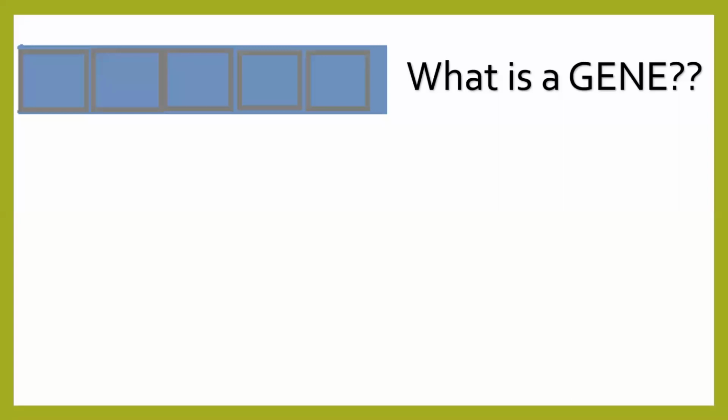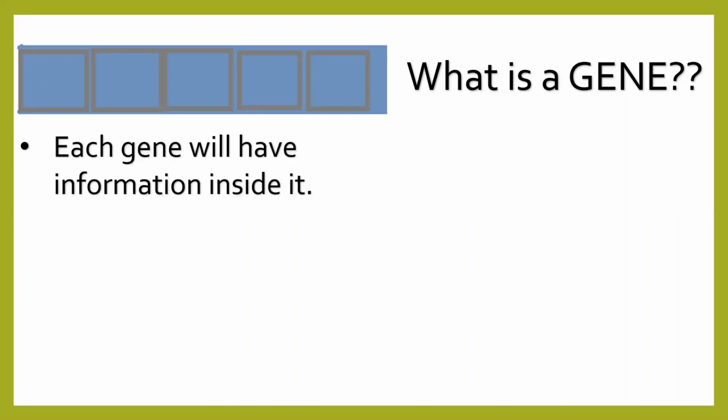Yes, really, and this is the truth. So each gene will have information inside it. And what is the information about? The information is about how to make a protein. Which information am I talking about? How to make a protein.